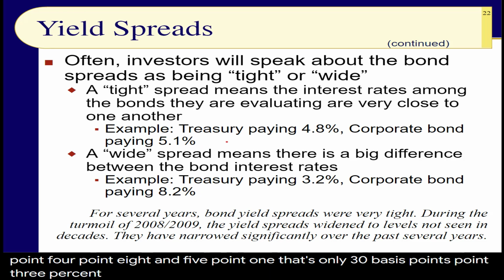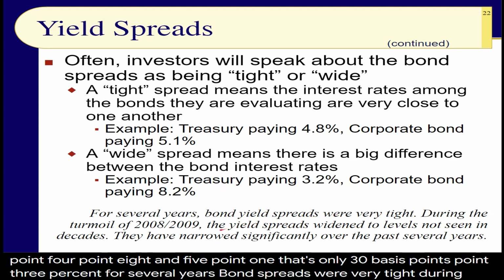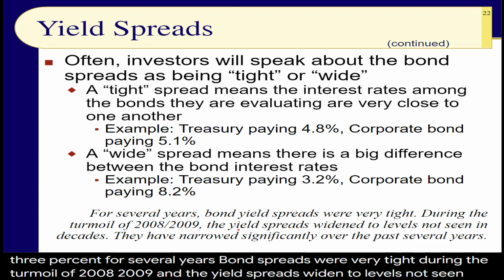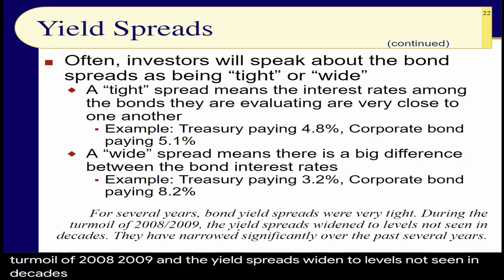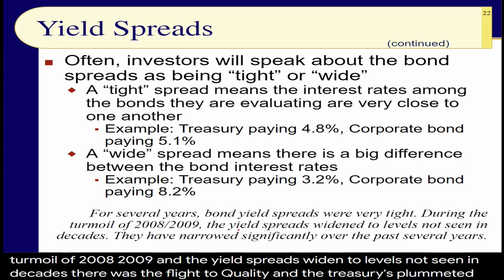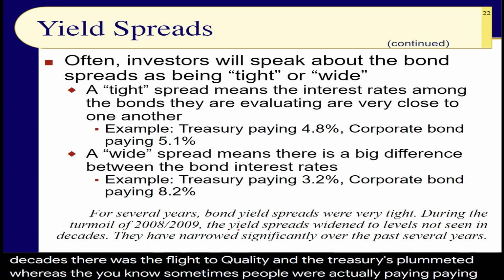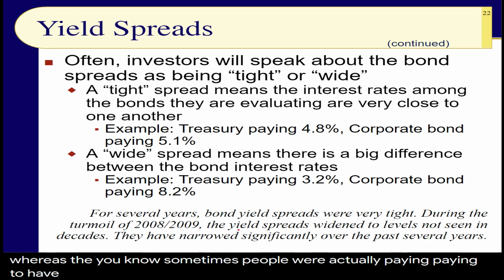0.3%. For several years, bond spreads were very tight. During the turmoil of 2008, 2009, the yield spreads widened to levels not seen in decades. There was the flight to quality, and the treasuries plummeted, whereas sometimes people were actually paying to have other people borrow their money.